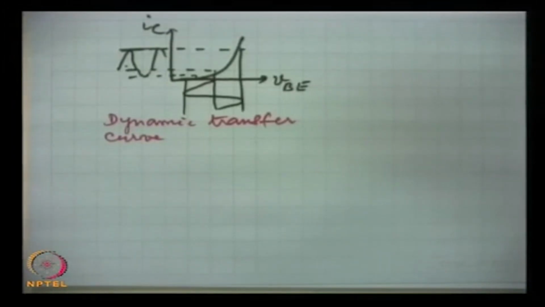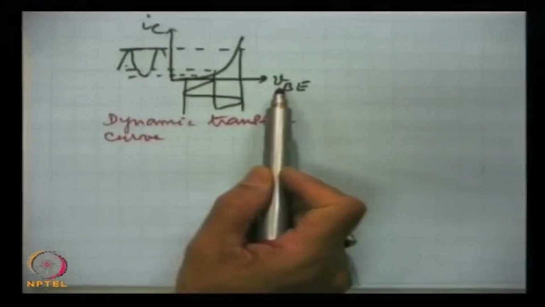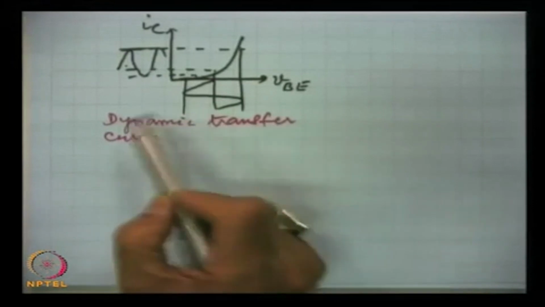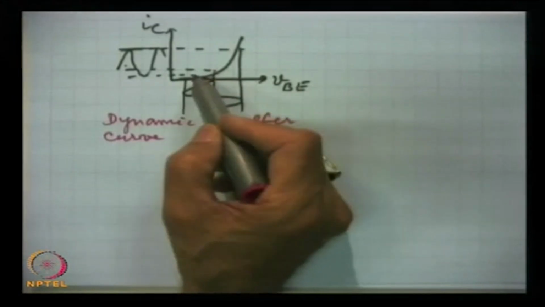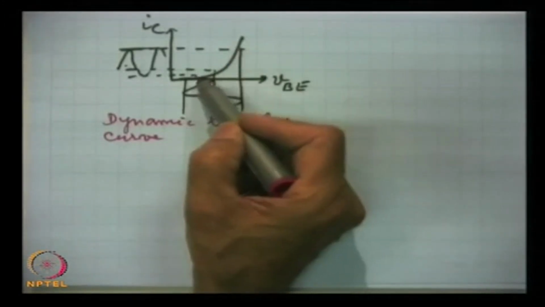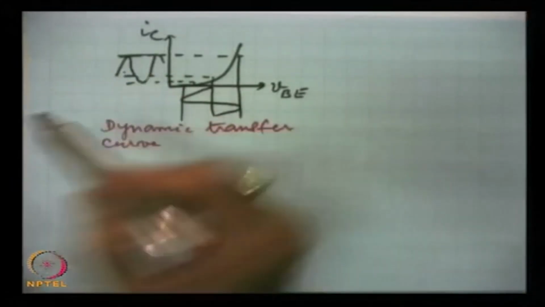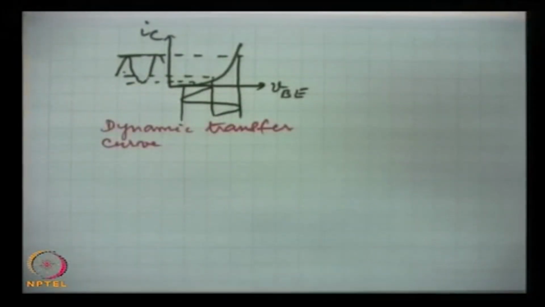In a transfer curve, one parameter of the output port is involved and the other parameter is from the other port. Here, output current versus input voltage is the transfer curve, and it is non-linear, and we are going to use the whole part of it, and this is bound to give the distortion. As a result of this non-linearity, other than the signal frequency, the multiples, the harmonics, will also be present.